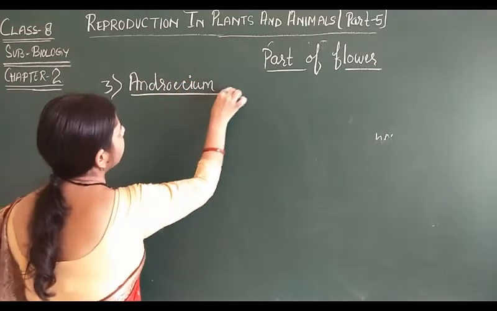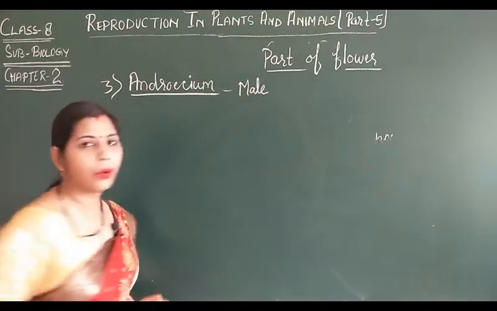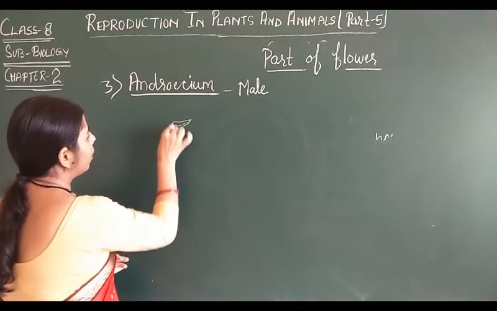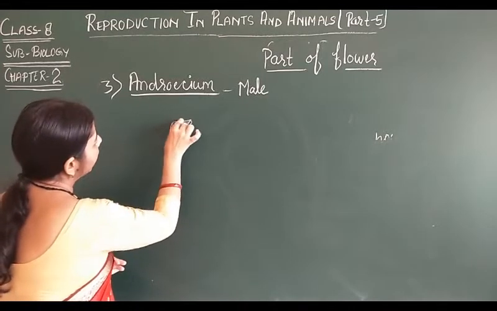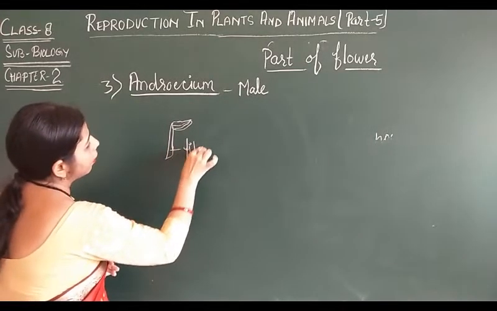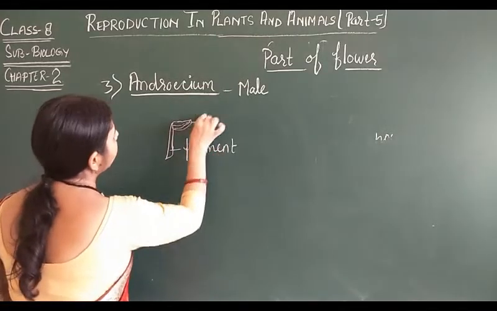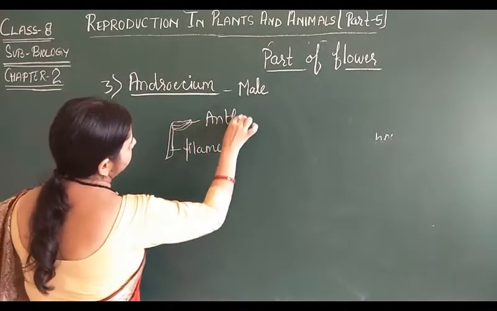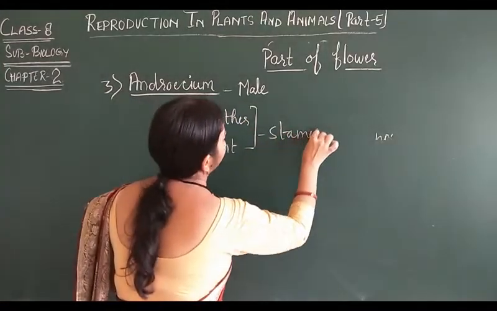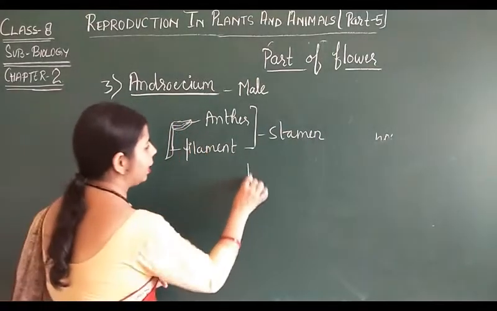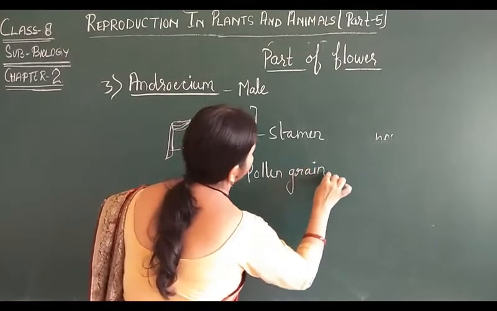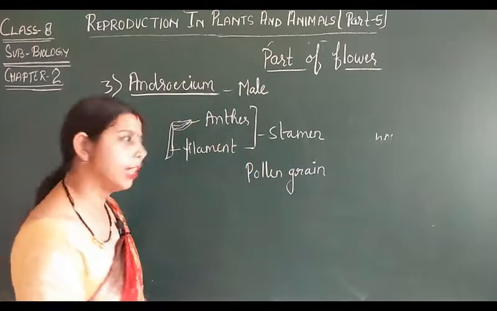It is the male part of the flower, and it is made up of separate units called stamens, and a stamen is made up of two parts, filament and anther. That means these two parts form the stamen, and the anther has pollen grains, which are the male gametes which help in reproduction.